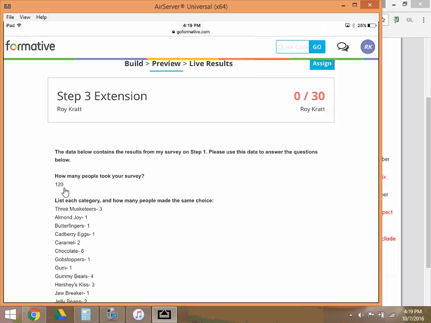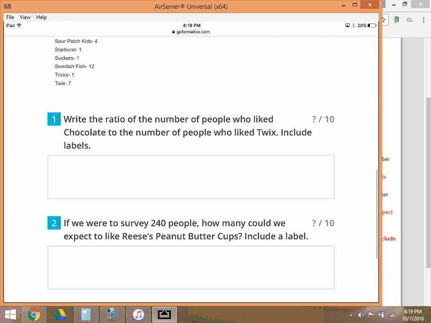So the reason I chose 240 is because 120 times 2 is 240. So I was making sure that it was going to work out perfectly and there wasn't going to be any decimals or anything like that to deal with. Because, who wants to figure out 240.3 people? What does 0.3 people mean? So I chose the number 240 on purpose.